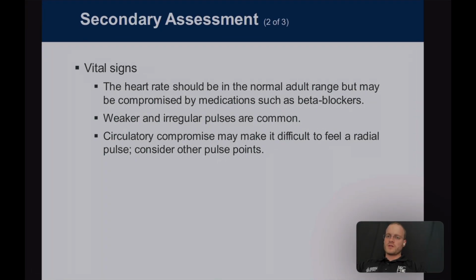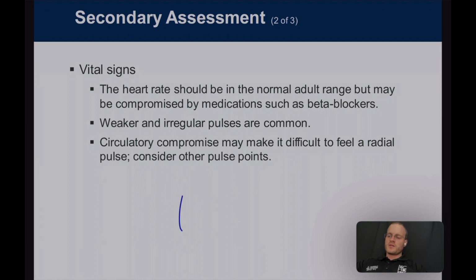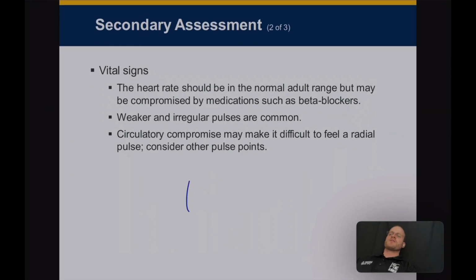Okay. And so the heart rate should be a normal adult range. But again, beta blockers, those are drugs that end in LOL, can block the heart rate from getting above 100. Okay. And so they could have weak or irregular pulses.